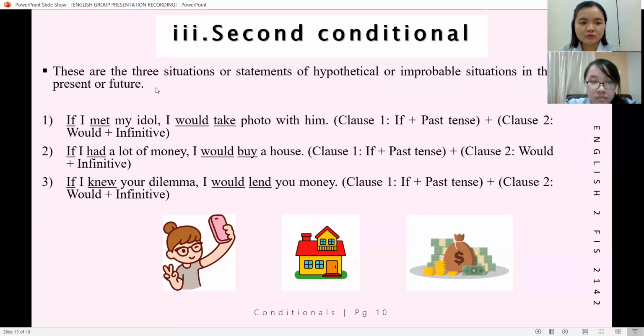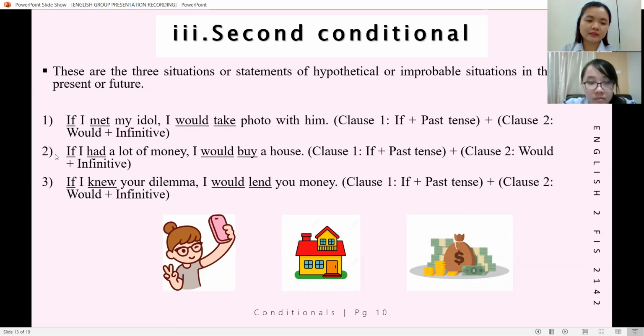For second conditional, these are the 3 situations or statements of hypothetical or improbable situations in the present or future. The first one, if I met my idol, I would take a photo with him. Clause 1 is if plus the past tense, and clause 2 is would plus the infinitive.